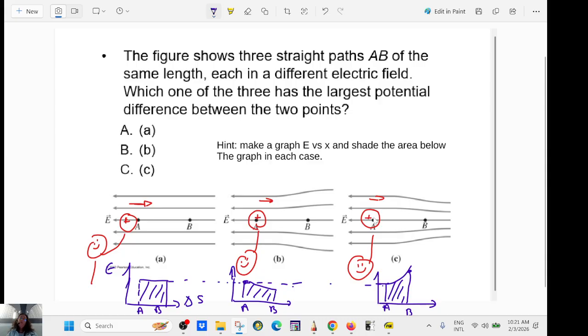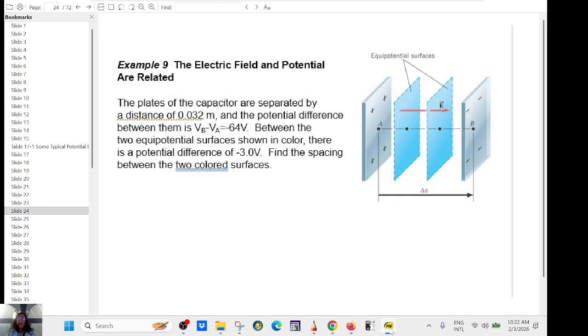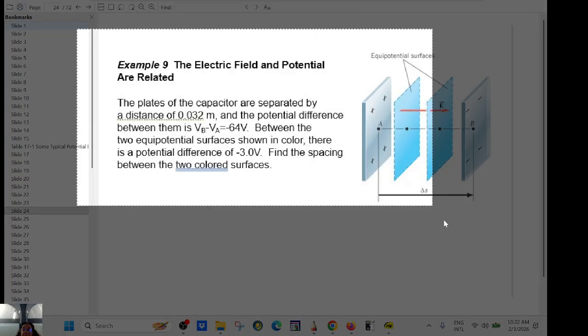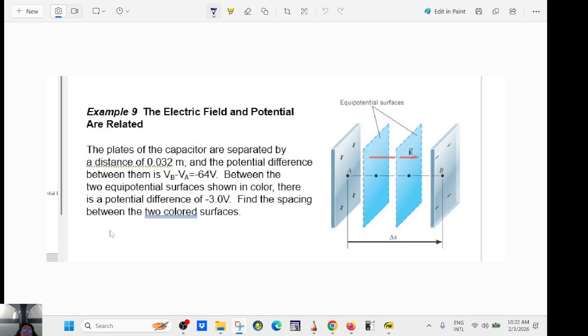So the work that you will be doing, moving that positive charge, is going to be the voltage between A and B. So VA minus VB will be equal to this integral E delta S. So just applying the equation, you apply delta V equals E delta S. So don't stare.